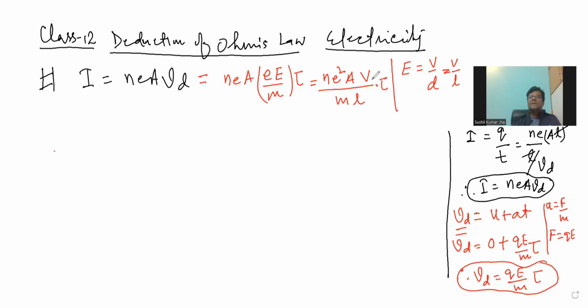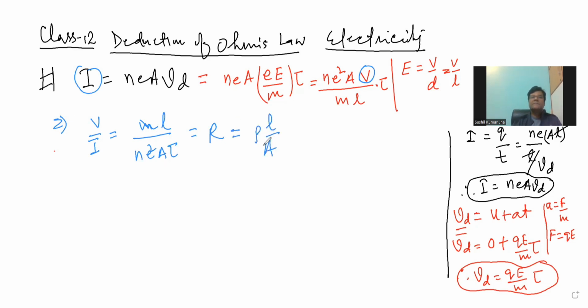So we have V for potential difference, and on the LHS we have I for current. So we write V upon I, and it will be mL divided by ne square A tau. And V upon I is basically R from Ohm's law, and R we write as rho L upon A.